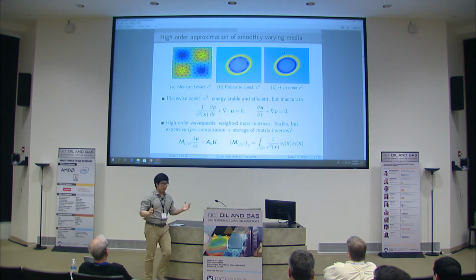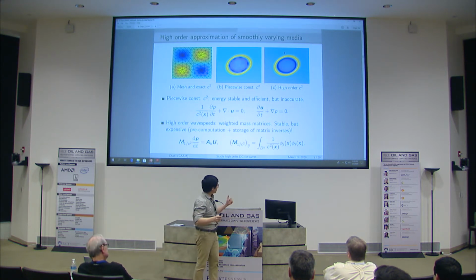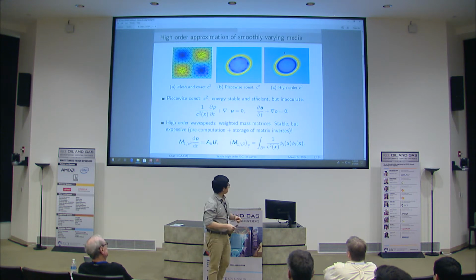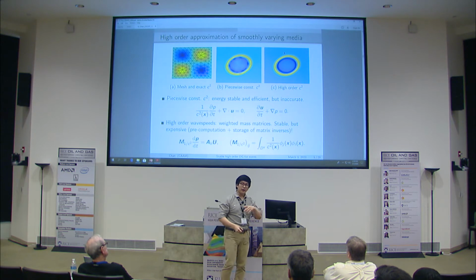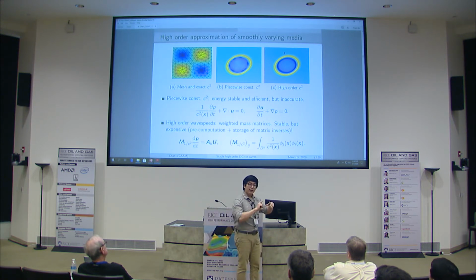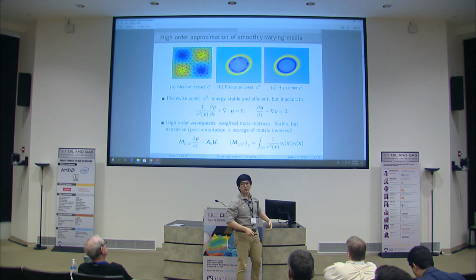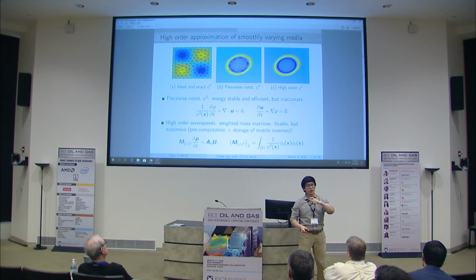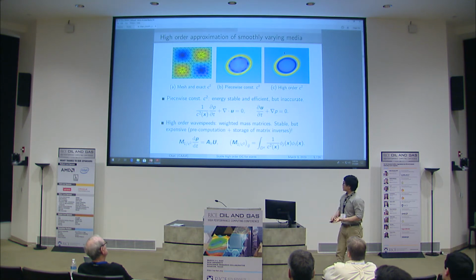For just a homogeneous medium, this is no big deal. For piecewise constant heterogeneous media, this is really no big deal. But if you have smoothly varying media, then you have to actually compute this mass matrix, invert it, and store the inverse. And because the wave speed varies over every single element, you have to do this for every single element over and over and over. And this is what made things expensive.